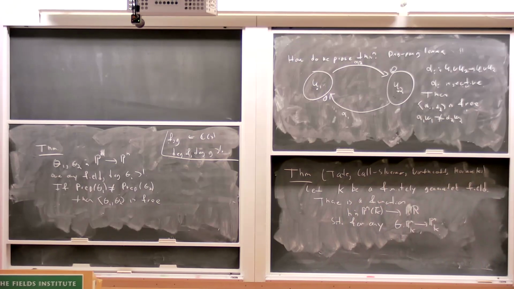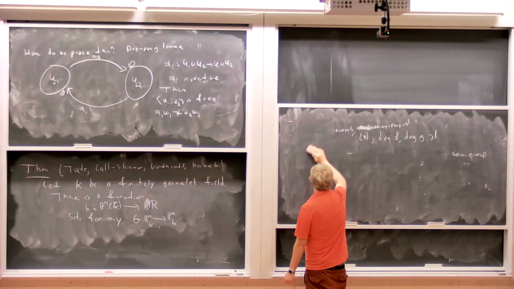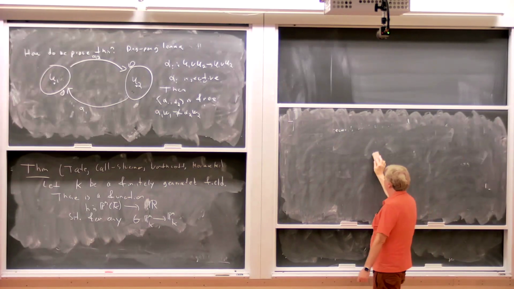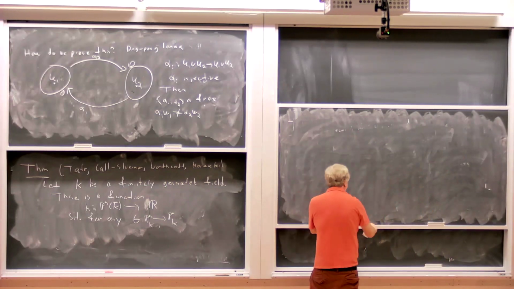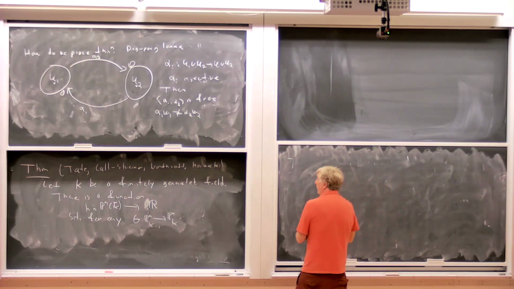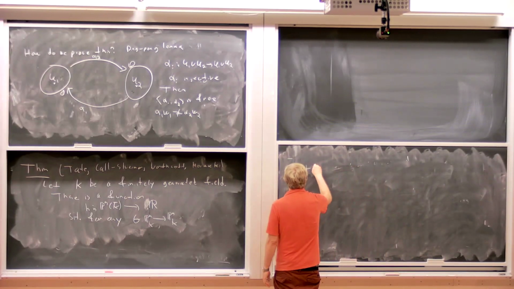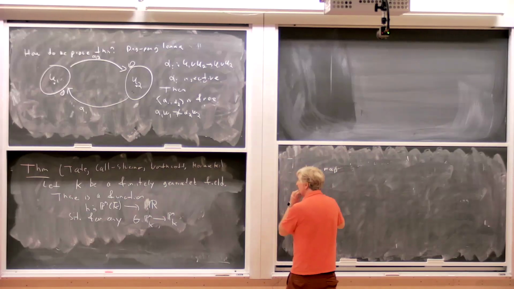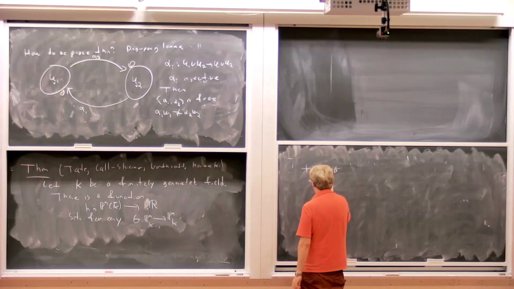I'm going to let something called alpha theta. Alpha theta is going to be sort of like theta star, but I'm going to normalize it by the degree. So I'm going to create a map, which I'll call alpha theta.